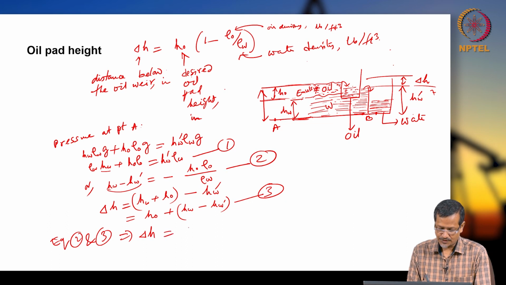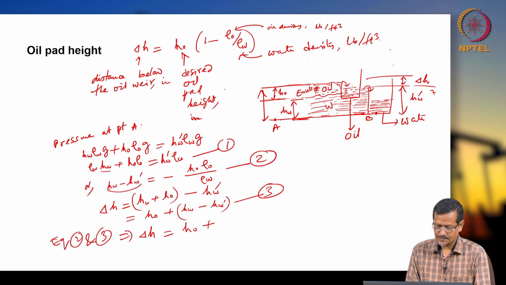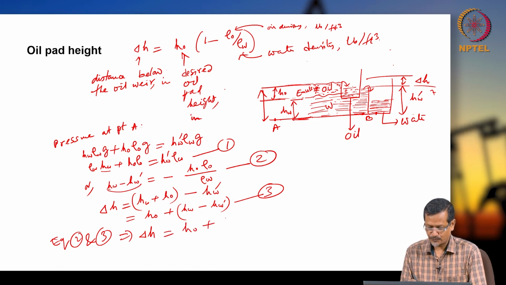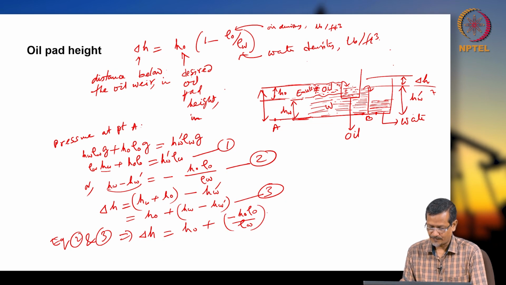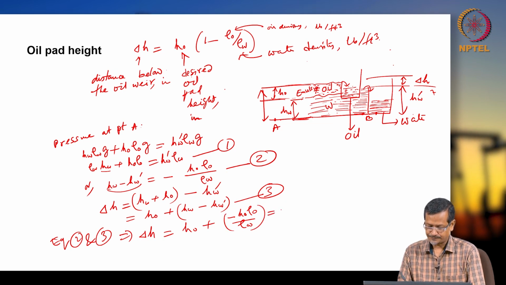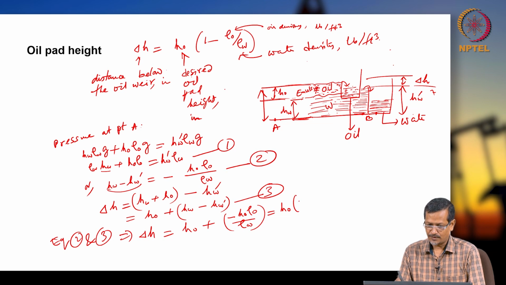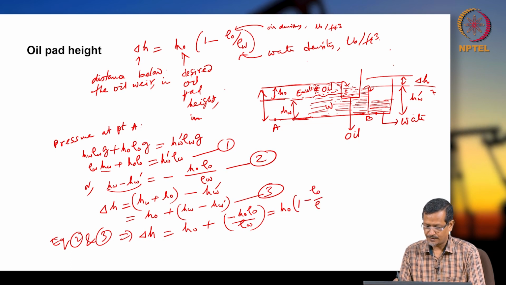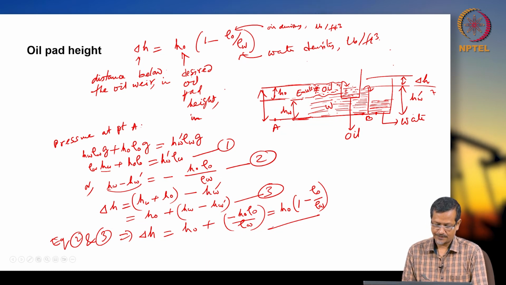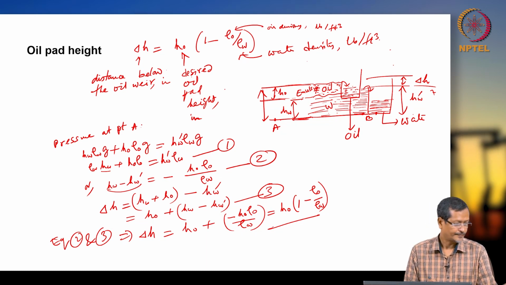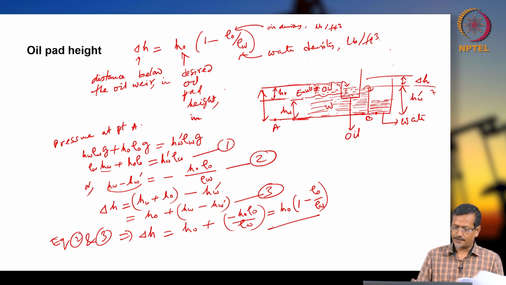Del H equals HO, and from 2 if we replace HW minus HW dash, it will be minus HO rho O by rho W. Now HO common, so 1 minus rho O by rho W. So this is the derivation of the equation. Okay, fine. Now derivation done. Next, for the next one.